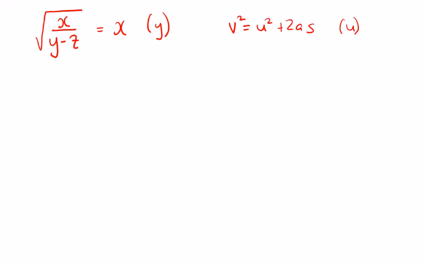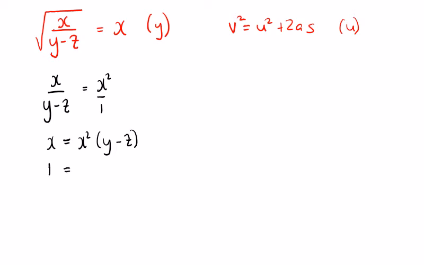So again, pause the video and try these two. It shouldn't be too difficult. Okay, so we want to get rid of the square root. So we're going to square both sides. x over y minus z is equal to x squared. At this point, I could divide both sides by x, but I'm going to just cross multiply to begin with. x is equal to x squared times y minus z. Now I'm going to divide by x.